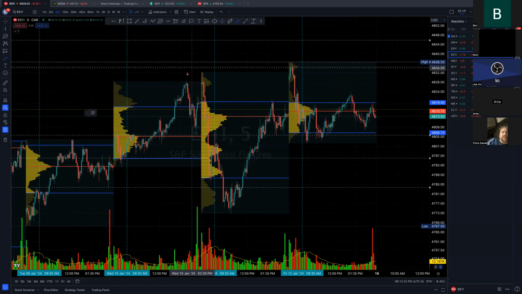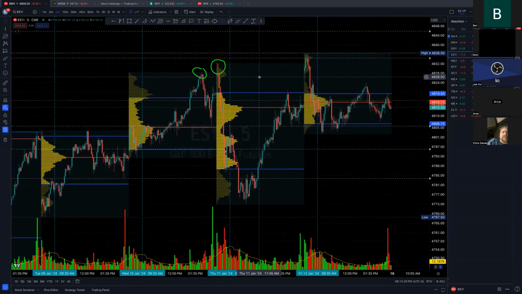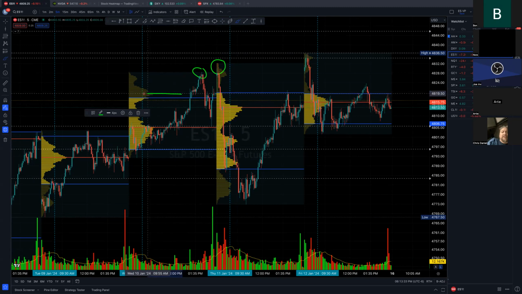We have the high right here and the high right here. And if you've been using volume profiles, you can see the value area high is this blue line here on Wednesday. And on Thursday, we have this value area high here, basically at the same area, okay?